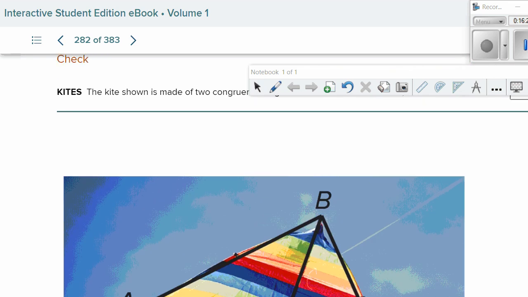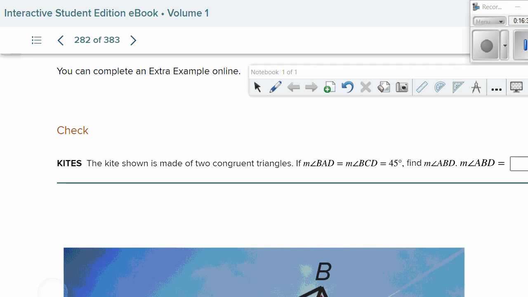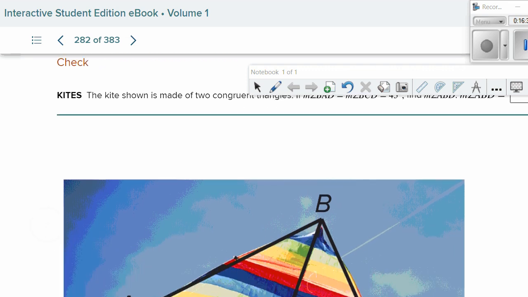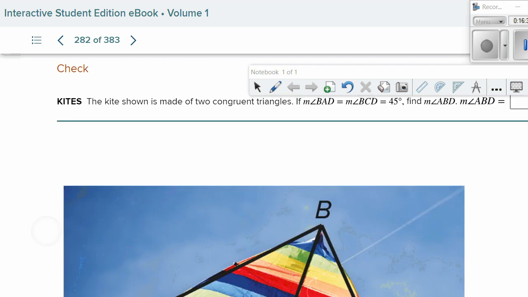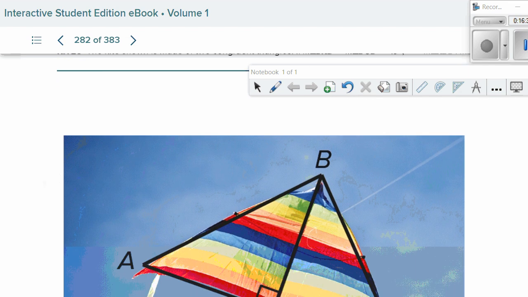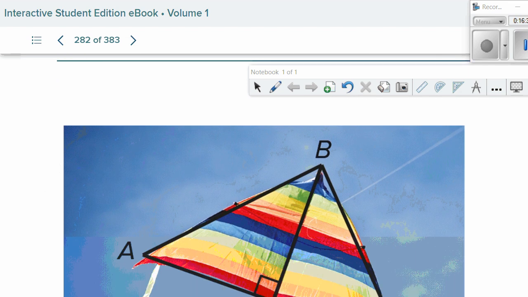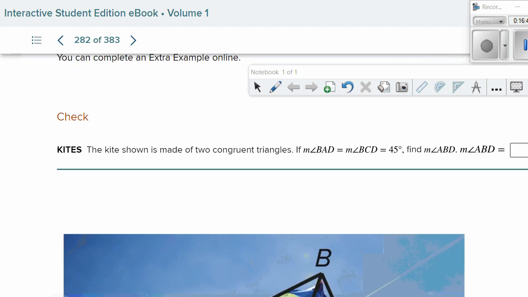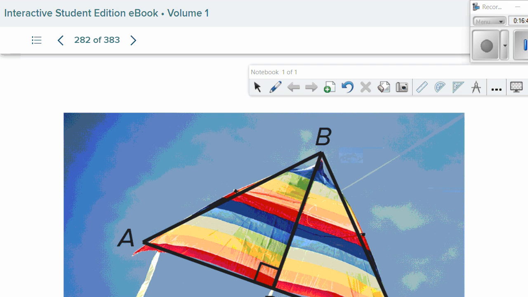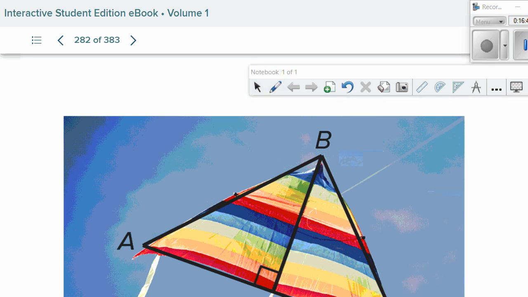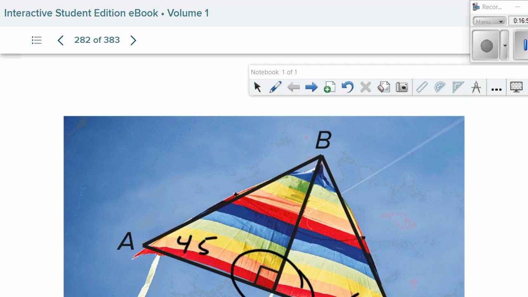Okay, we've got this, the kite, okay? They're telling me angle BAD is congruent to angle BCD. So that's these guys down here, and they tell me that they're 45 degrees, okay? Now, if you look down here, if one angle's 90, then that means this has to be 90 because they're a linear pair, they're supplementary.